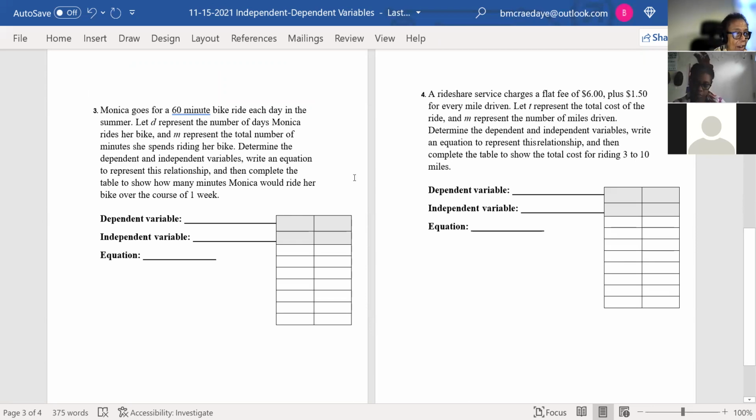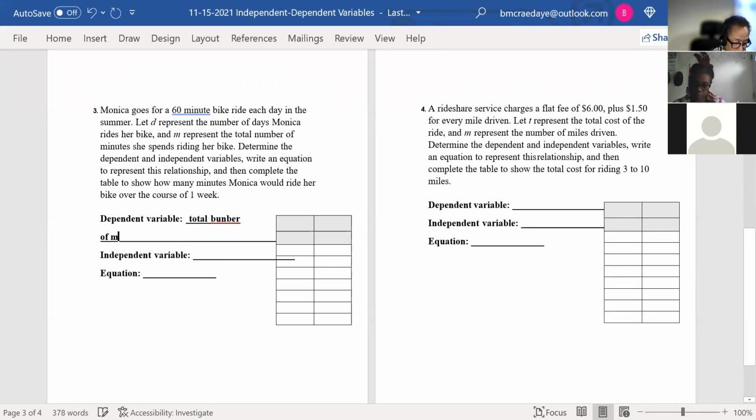So the dependent variable is what? The total number of minutes riding the bike.